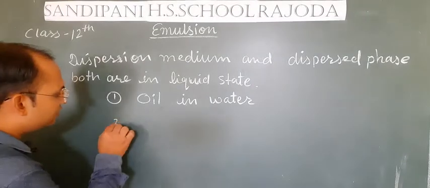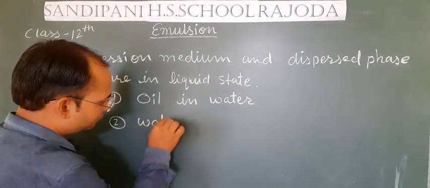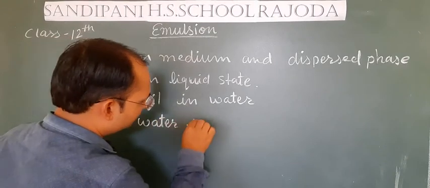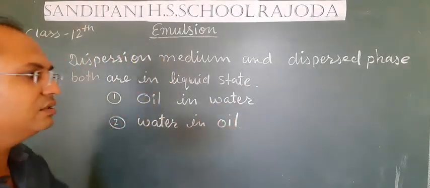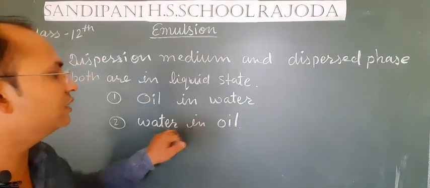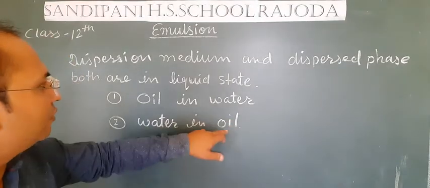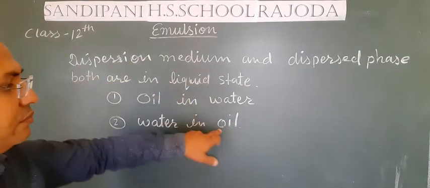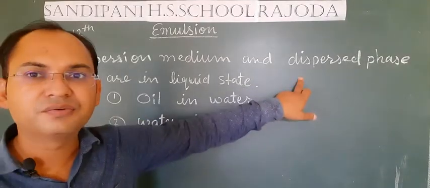But the second type of emulsion is water in oil. Water in oil means students, the water is in less quantity and oil is in large quantity. In this type of emulsion, oil acts as dispersion medium and water acts as disperse phase.